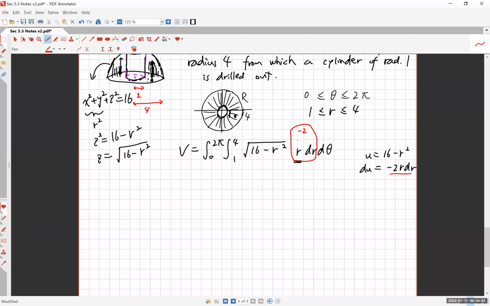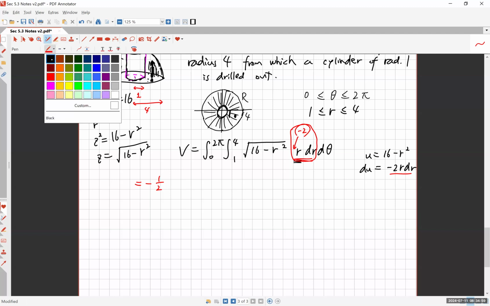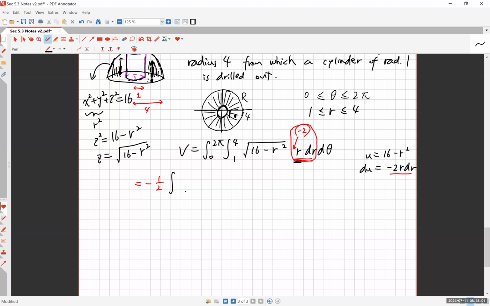If I can just put that in there, can I do that? Well, sort of. You can just put this negative 2 in here, as long as you divide everything by negative 2 outside. And then of course we have to make some adjustment here.